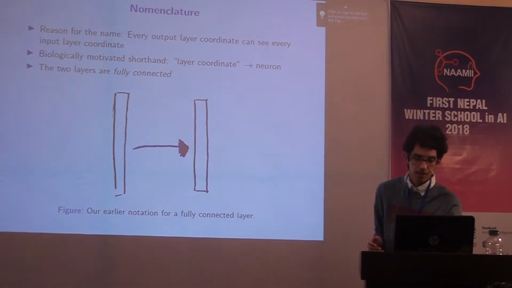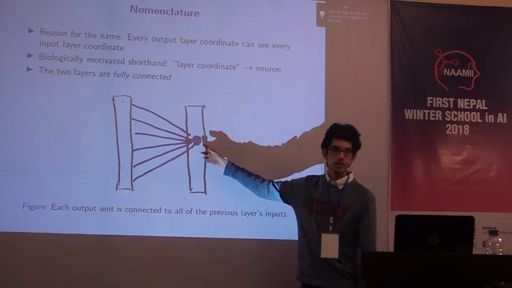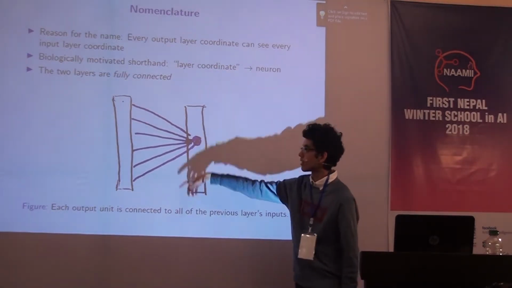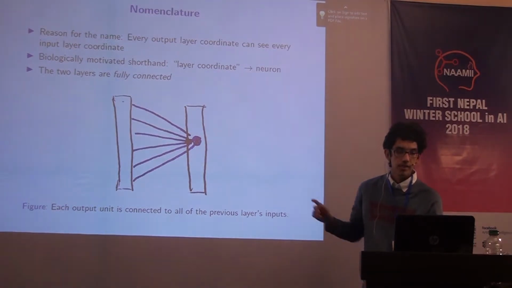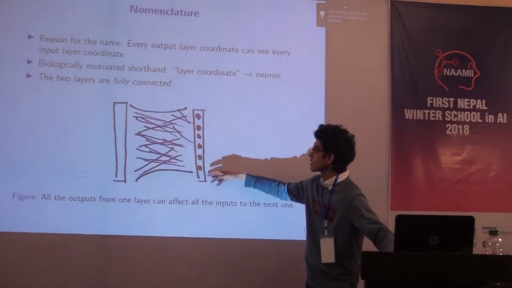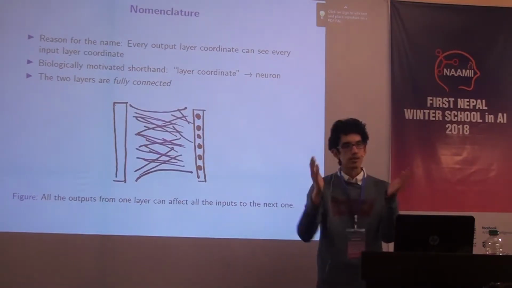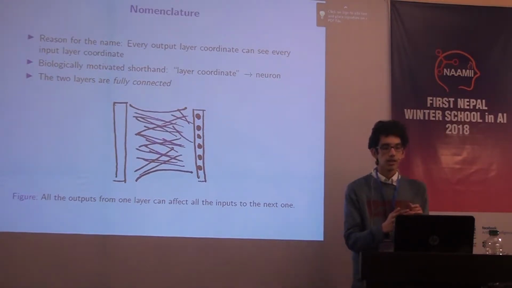The picture is, for one of these output logistic regressions, I'm looking at all the potential input x's, right? And since I'm doing this for every single one of those logistic regressions, I have this very complicated everything connected to everything else in my single layer, right?